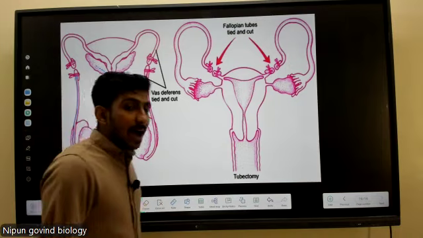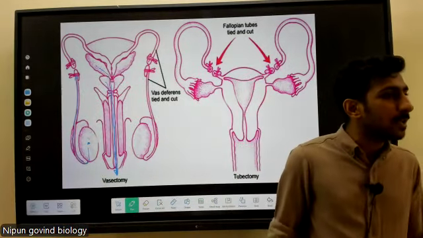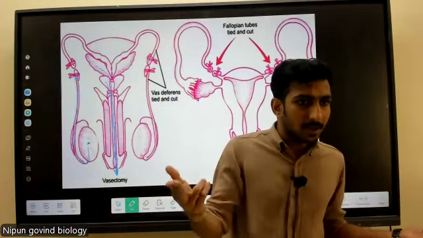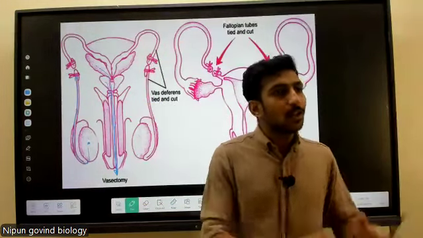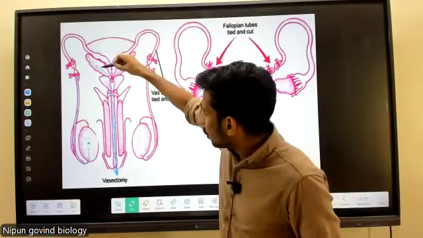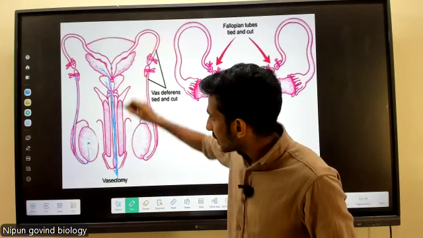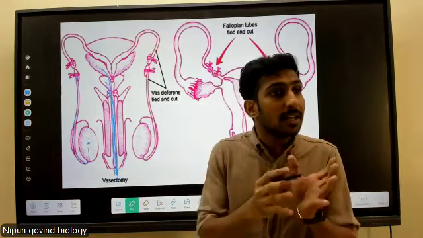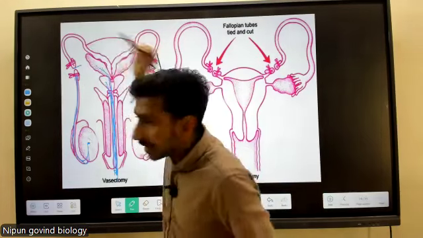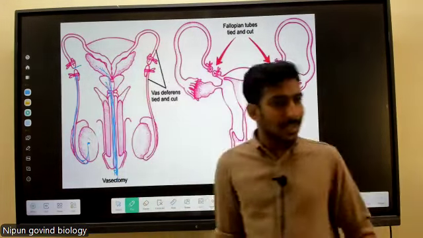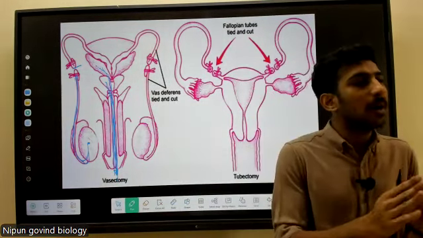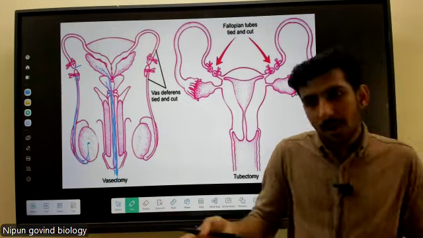After vasectomy, your penis will erect, you will have sexual desire, and you can have sex. Some fluid will come out, but there is no sperm in it. Sperm cannot cross this cut.